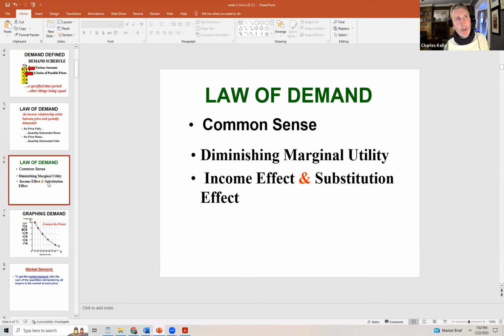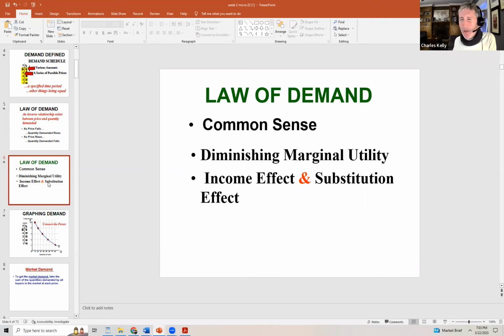So this is a common experience with most consumption. As you consume more of a good or service, it provides less and less happiness, satisfaction, gratification, less utility, right? Therefore, you would only be willing to buy more if price went down, right? So diminishing marginal utility.